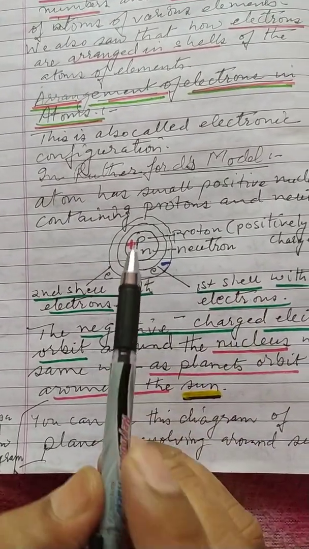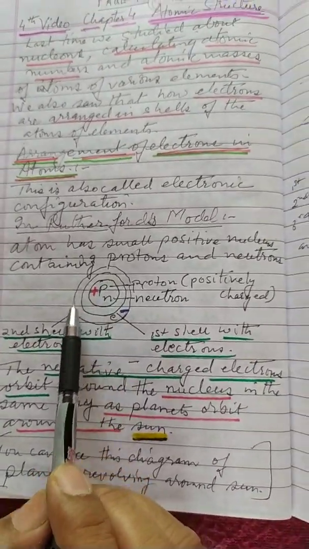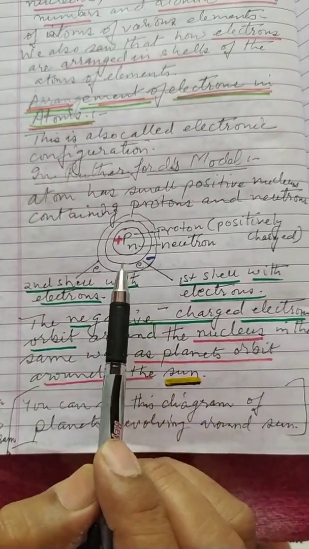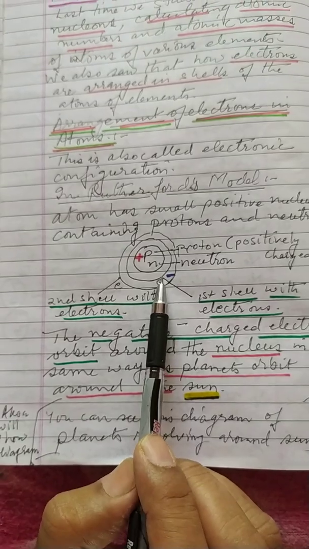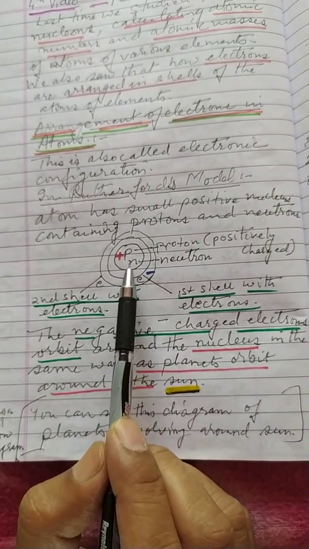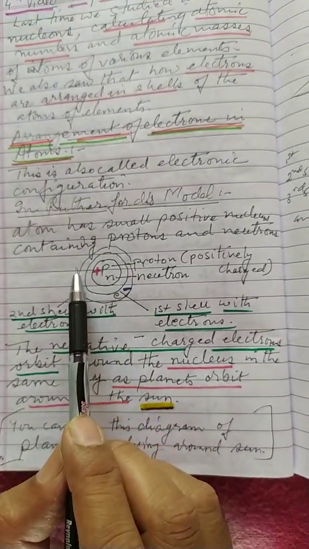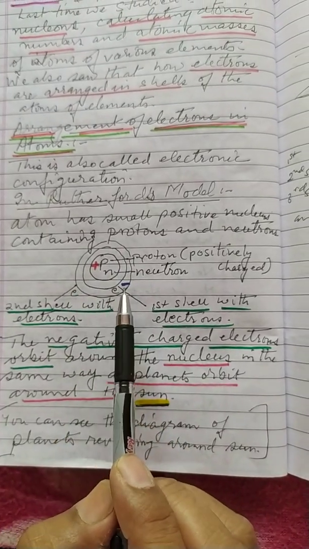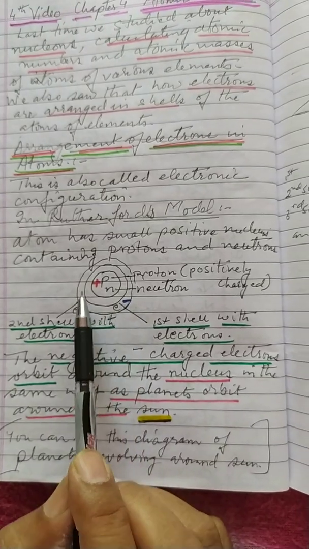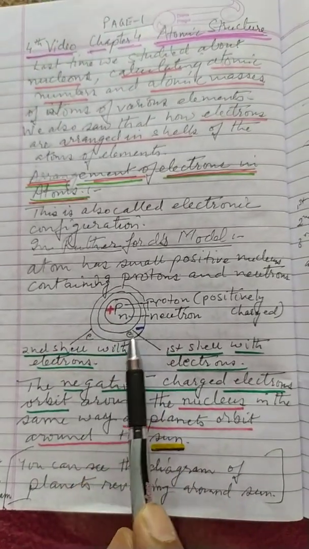Around the nucleus there are shells, known as energy shells. We see the first shell with its electrons, then the second shell with its electrons. All these electrons move in orbits or shells around the nucleus.